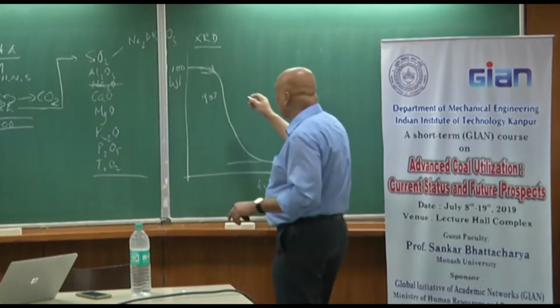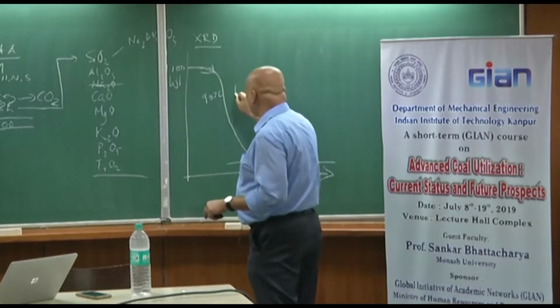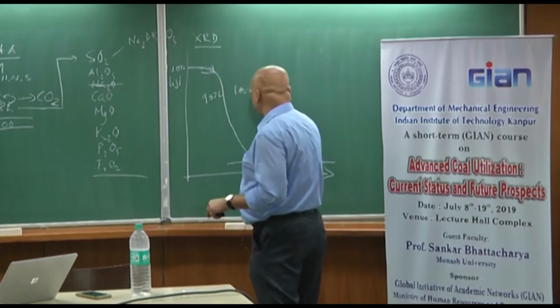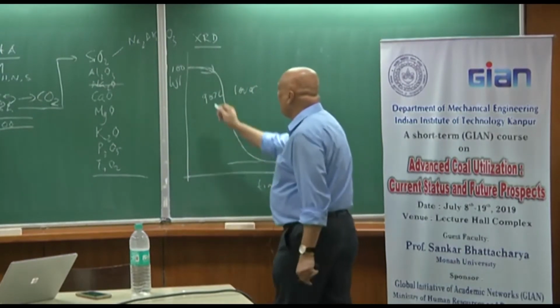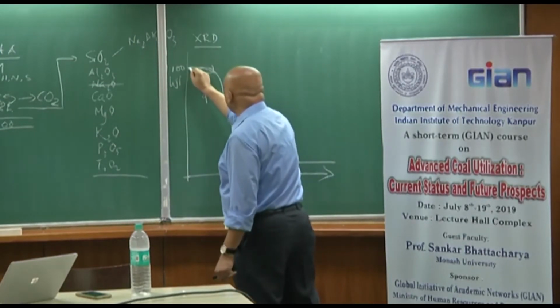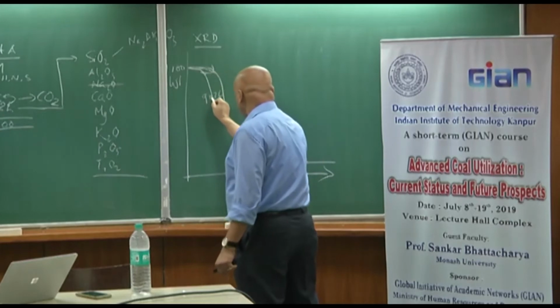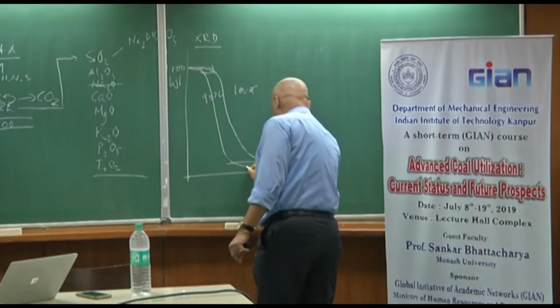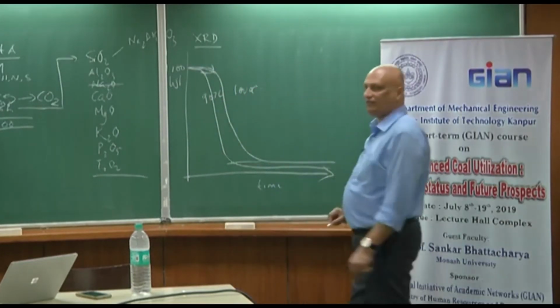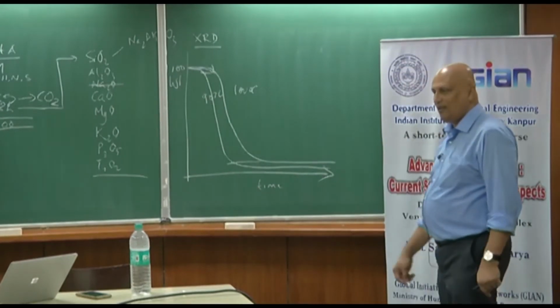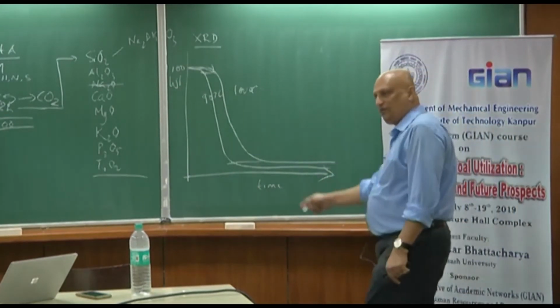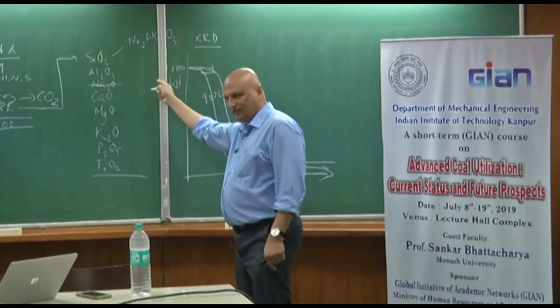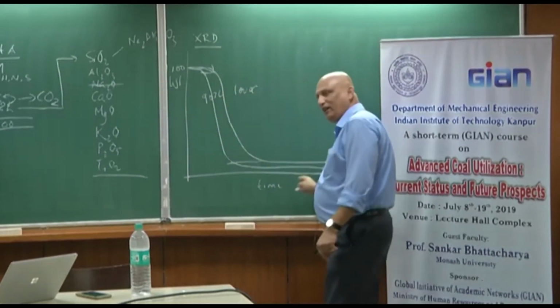If you do it at, say, 1000 degrees centigrade, it will be faster. It will go like that. If it is 1500, it will lose its moisture even faster than this, and then it will go like that.